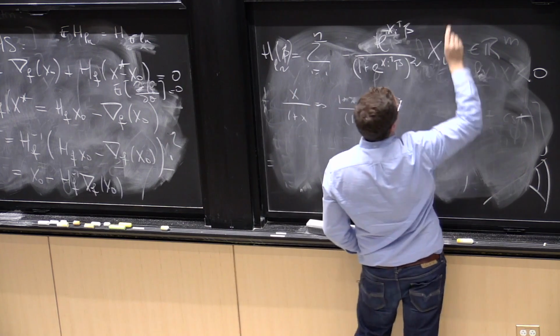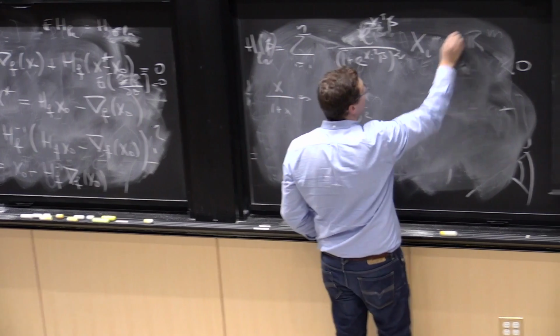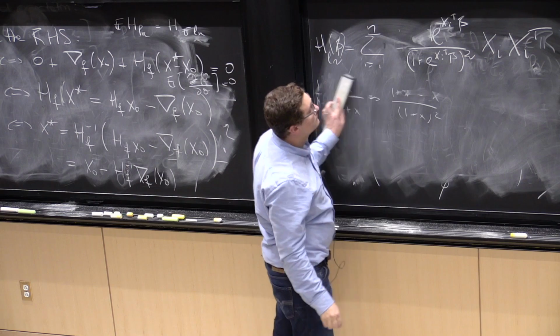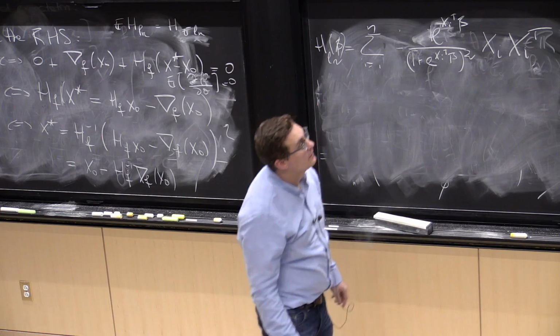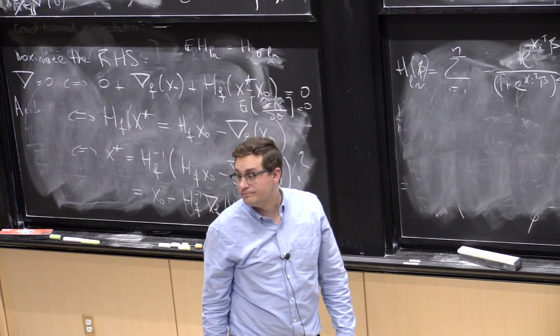And then I have this xi that shows up, but since I'm looking for a matrix, I'm going to have xi transpose, right?